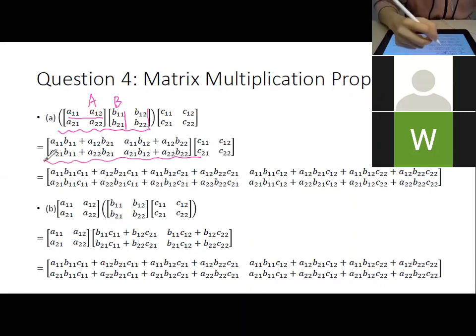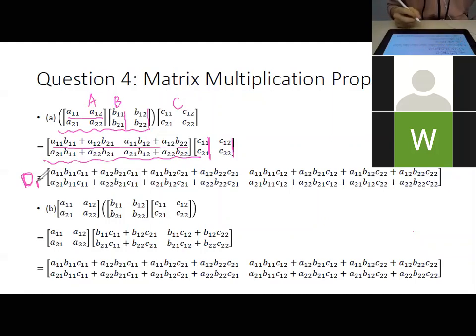Then we use matrix C to do multiplication with this matrix. We can get the answer by using the first row of the big matrix times the first column of C, then the first row times the second column of C. Then we can get this huge matrix, and we denote it as D1.